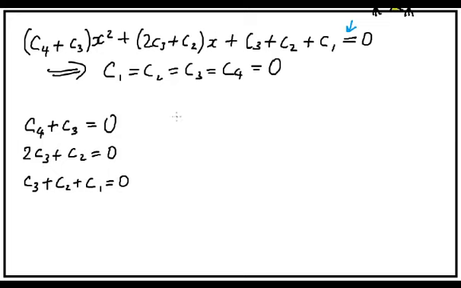What we get as a result is a system of equations, where the unknowns are c1, c2, c3, and c4. What we want to see is whether or not this implies that all the c's are 0.